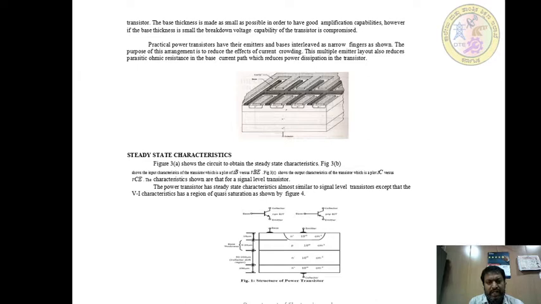Coming to the steady state characteristics, if you look at the circuit diagram, you will come to know how the different layers have been divided in order to bring the expectation with respect to signal level propagation.